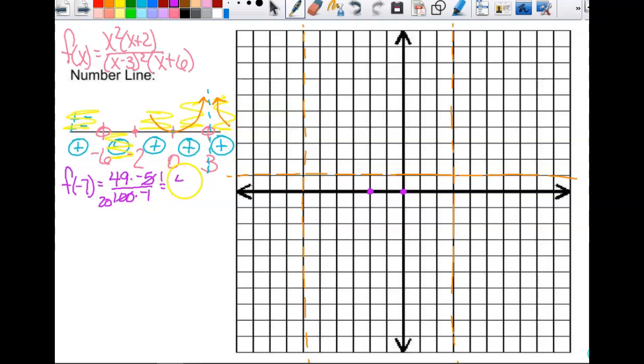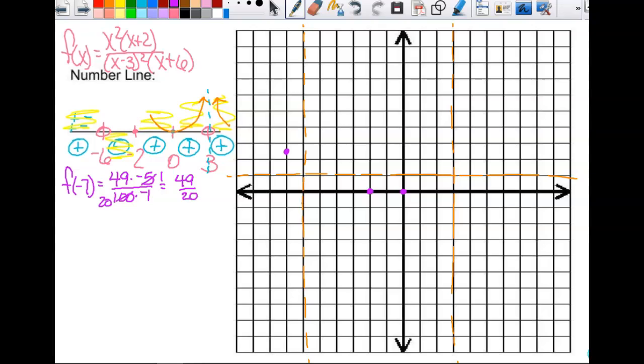Everything's positive, so I get 49 over 20. Which is about 2.5, right? Oh, but this was negative and negative. So, but yeah. So it's about 2.5. So I'm going to -7, 1, 2.5. I feel like that's enough. But I can't graph it in yet because I haven't figured out whether or not across the asymptote. But that's going to be enough for that section.